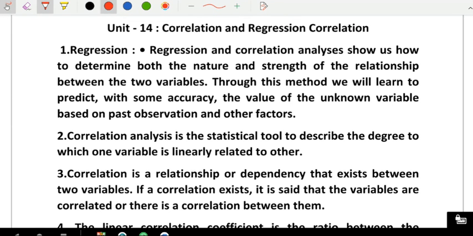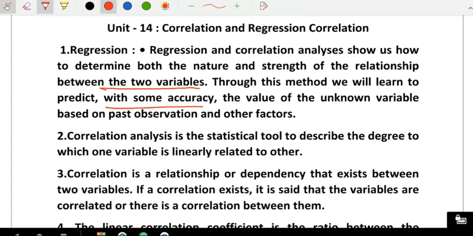Regression and correlation analysis show us how to determine both the nature and strength of the relationship between two variables. So two variables have to be there. Through this method, we will learn to predict with some accuracy the value of the unknown variable based on past observations.